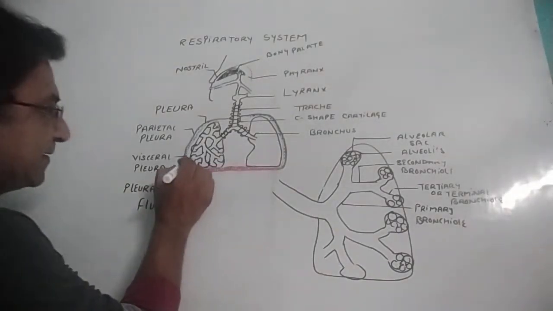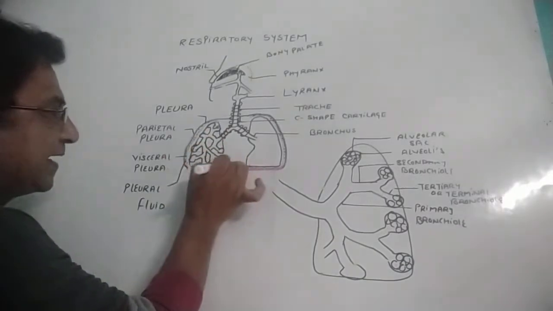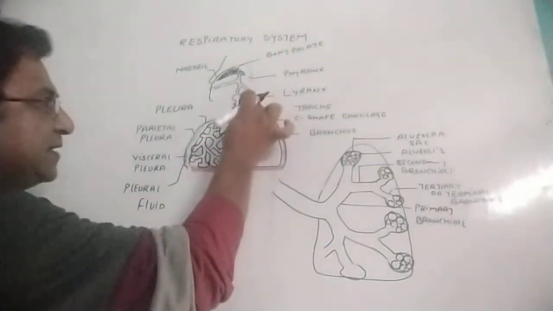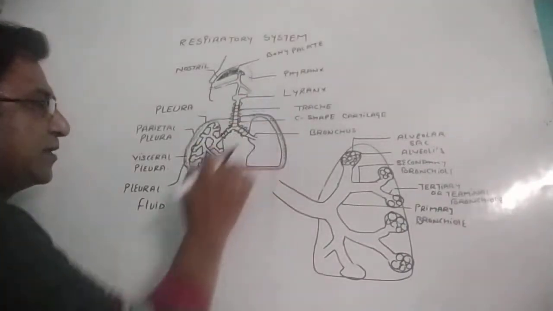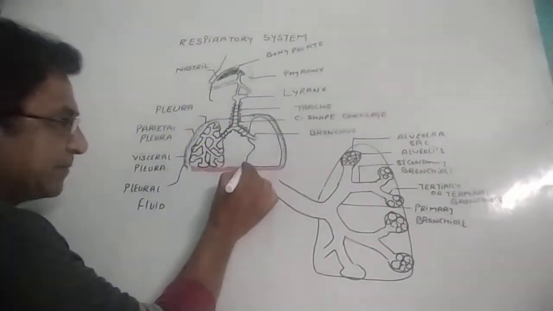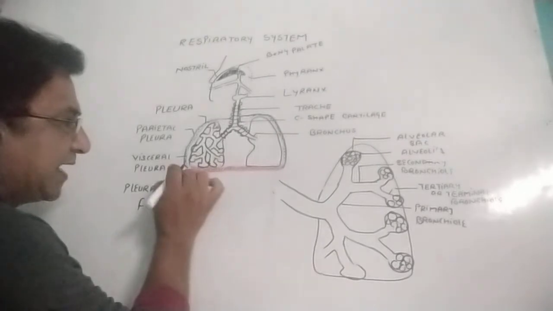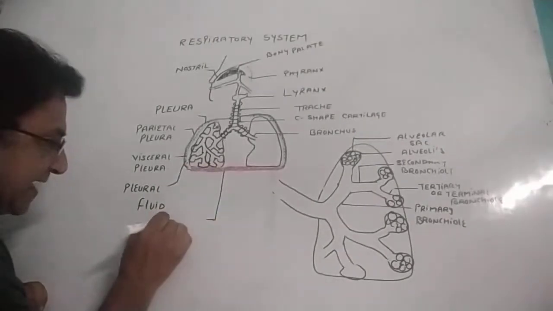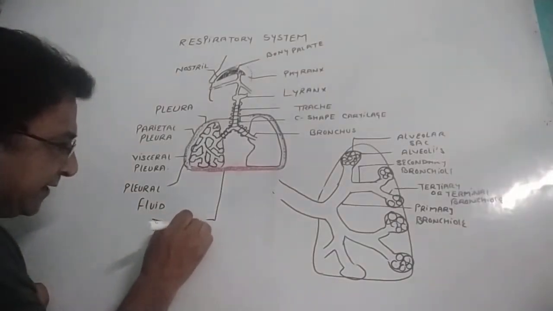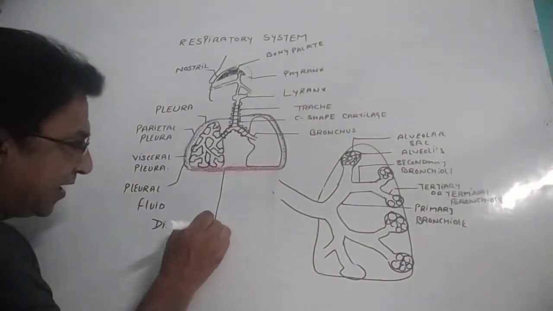At the base, we see these lungs are broadened at the base and more or less pointed on the edges, at the upper or anterior end. This broader end of the lungs rests upon the muscular sheath called the diaphragm.